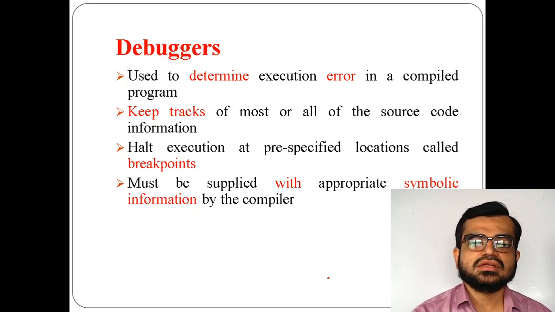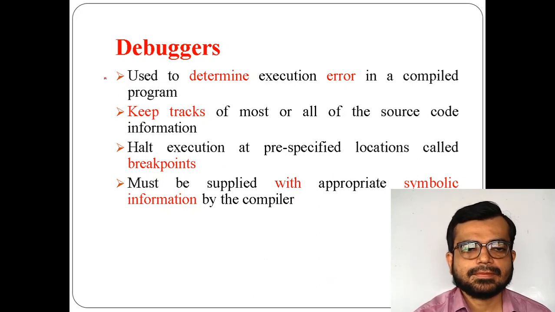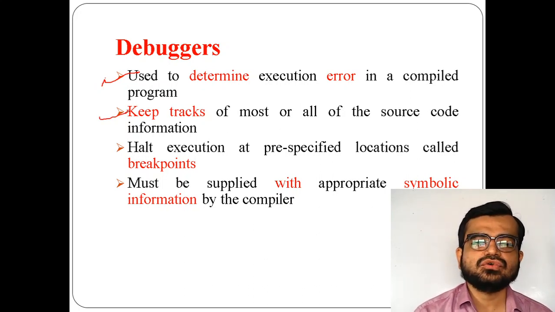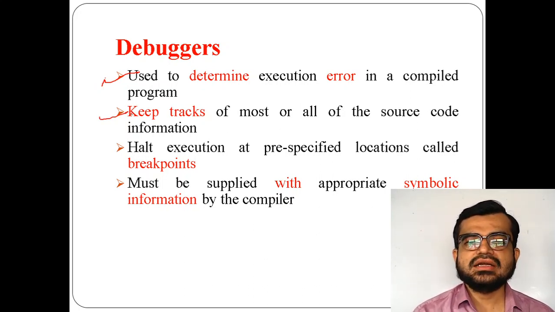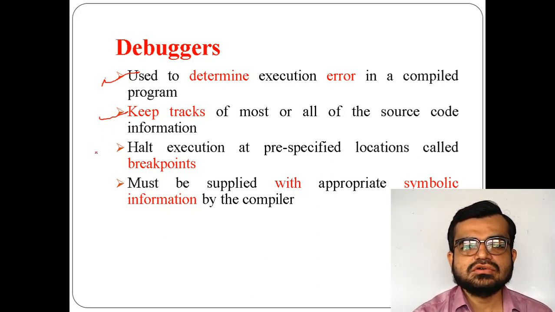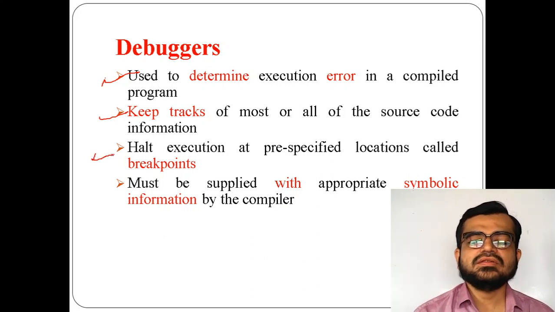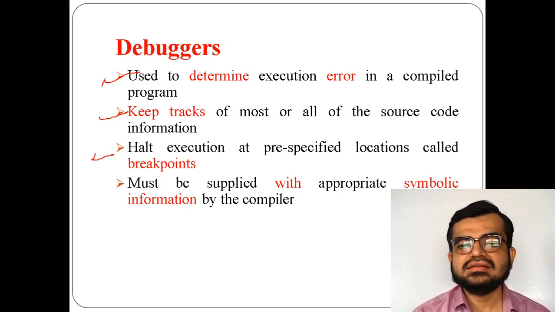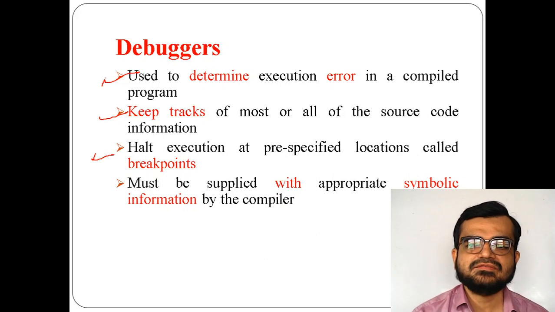What it does here is that it keeps track of most or all of the source code information, so that the debugging process becomes easier. Also, there is a concept called breakpoints. Breakpoints mean that whenever it checks for errors, it halts its execution at some pre-specified locations.